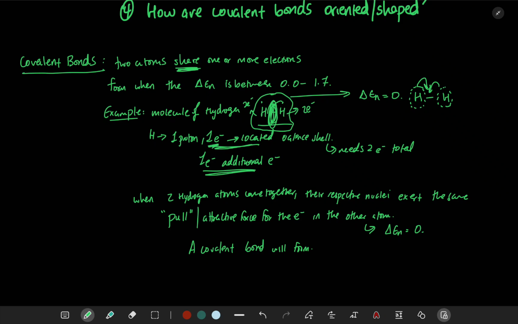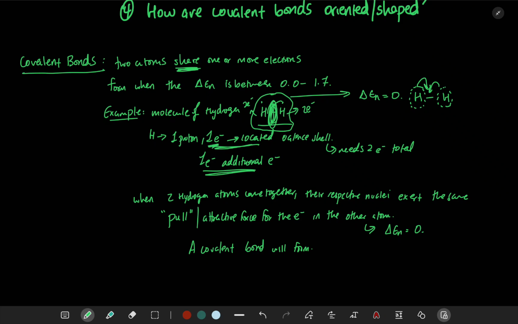It's kind of like tug of war: if you have two people that are just as strong as each other, nobody's going to go anywhere, right? So the rope is not going to get tilted to one or the other. The electron pair in this case is not going to be closer to one or the other. The pull is going to be identical, so you're going to have completely equal sharing of those electrons.